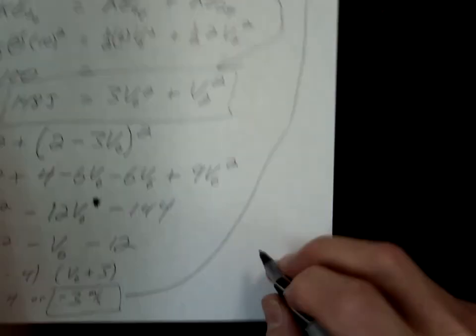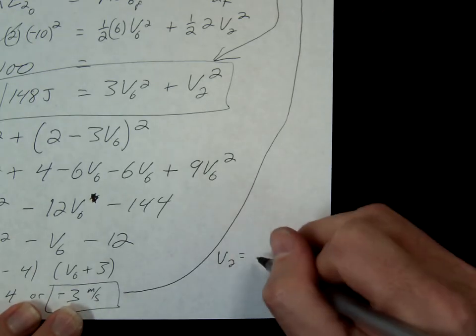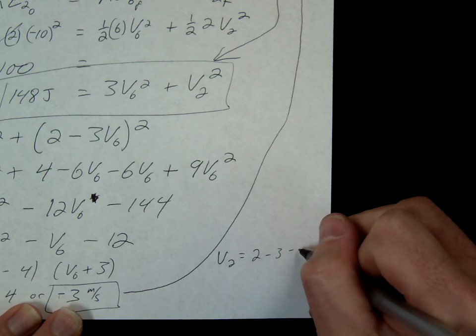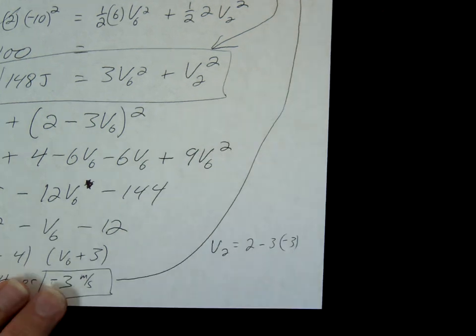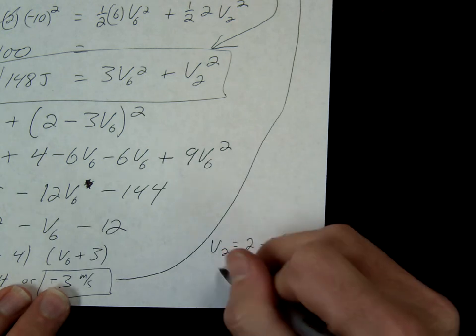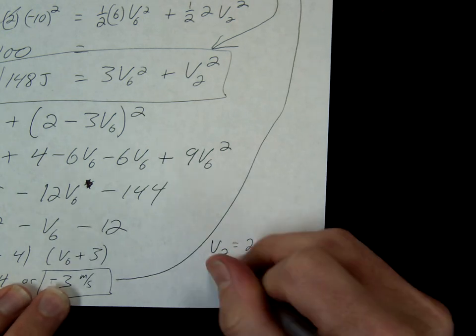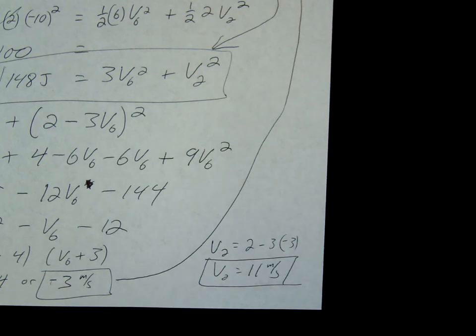Okay, so v2 equals 2 minus 3 times negative 3. 11. Wasn't that fun?